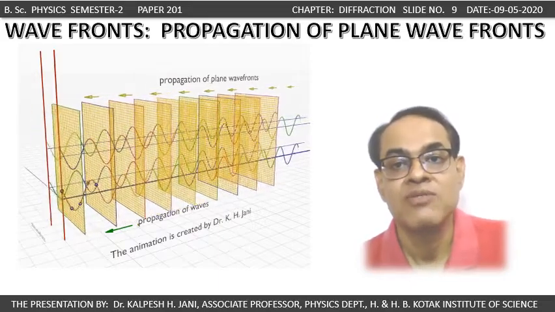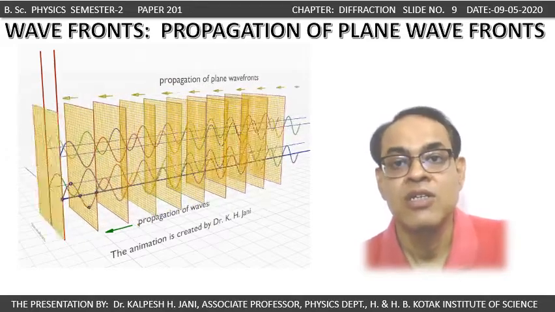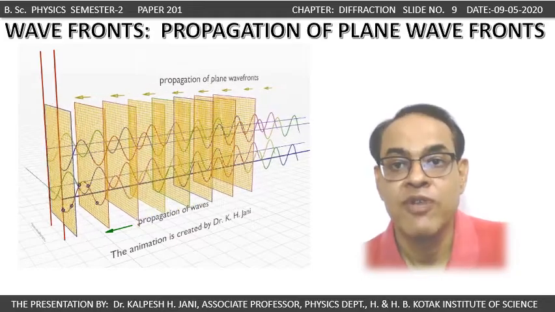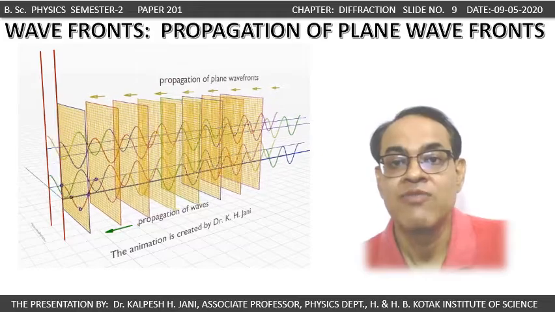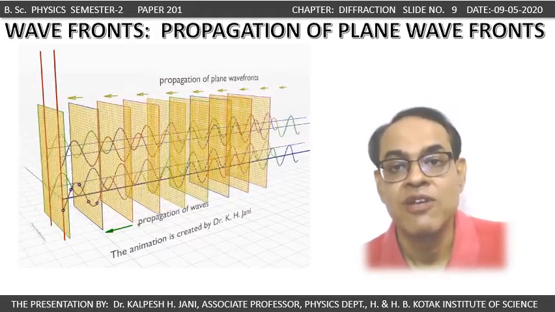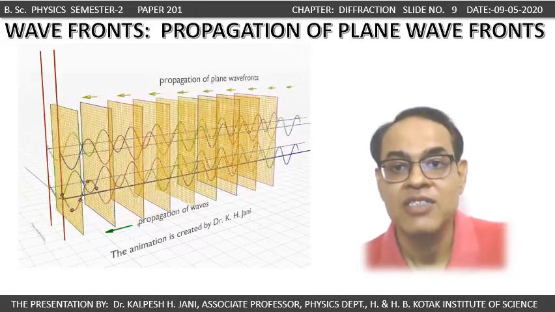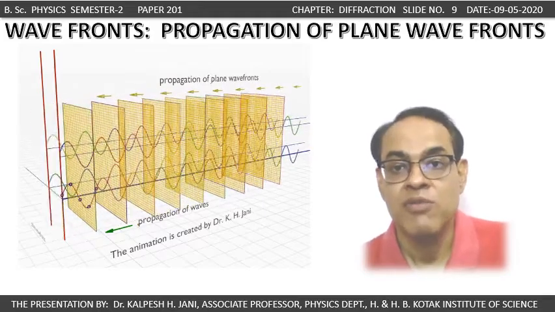The portion of the waves which is obstructed does not leave the other portion of the wave to travel independently. When one portion of the wave is obstructed, the other portion of the wave also gets modified, and that is what the observed phenomenon is all about.